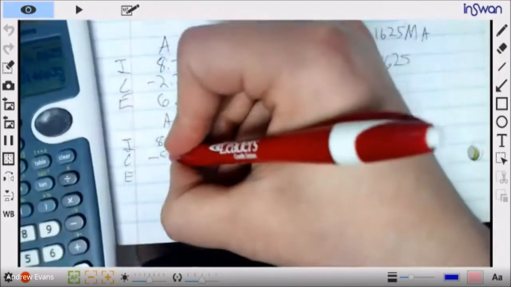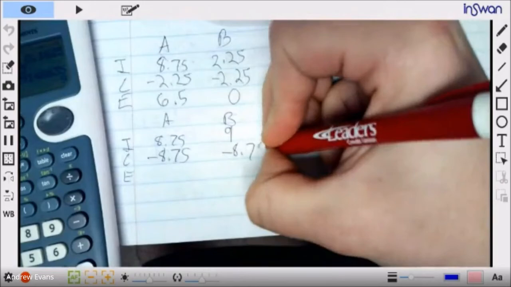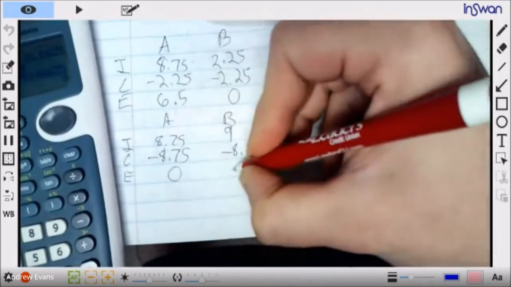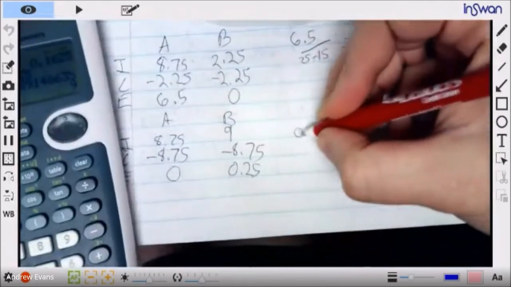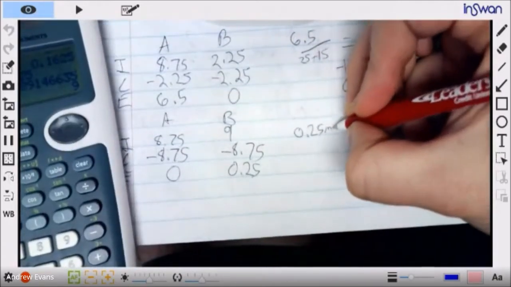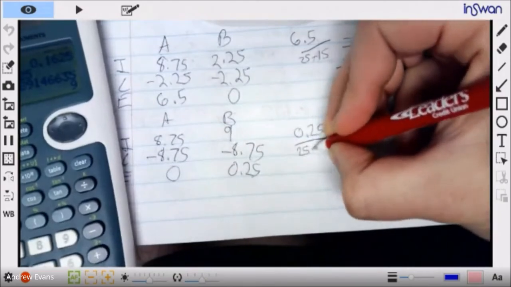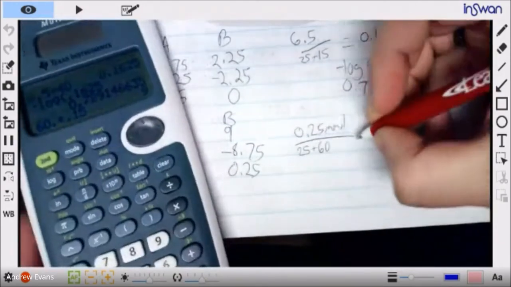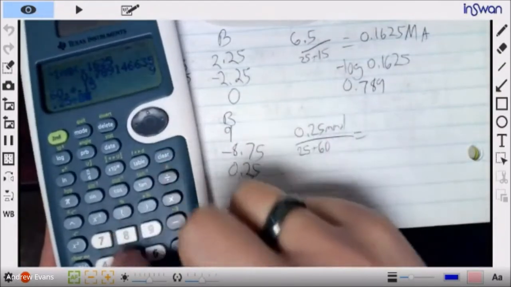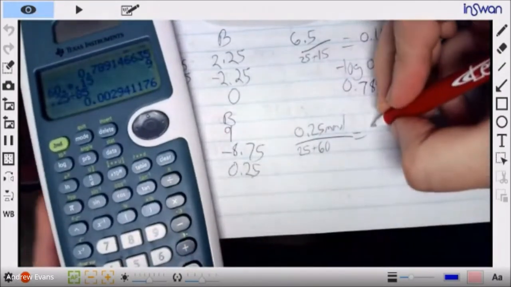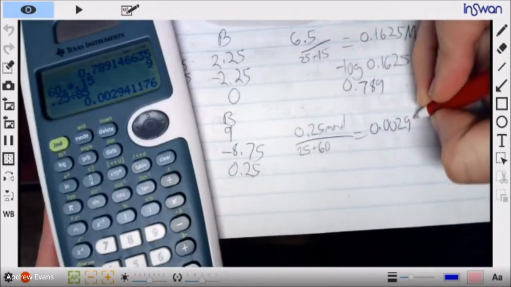So now we have more base than acid. 0 acid, 0.25 millimoles of base. 0.25 millimoles divided by our 25 plus 60, 85. The molarity of base is 0.00294.